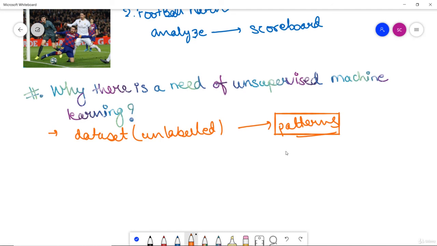Next, these patterns are helpful if we need to categorize the elements or to find an association between them. We will discuss association later, but just to give you a brief, unsupervised learning is important to find any relation between them.